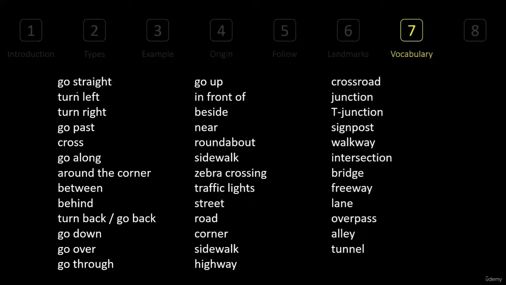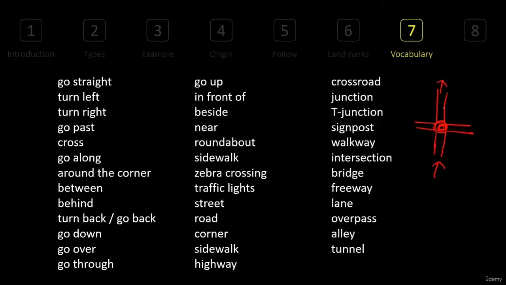See: go straight, turn left, go past, that means we go across, go along with something. Around the corner, between, behind, turn back, go back the same way. Now, I'll give you an example. When you go on a road like this, in between we have some kind of statue. Now, I want to go here and I'm here. In our language, we'll just say go straight, don't worry about the building in between.